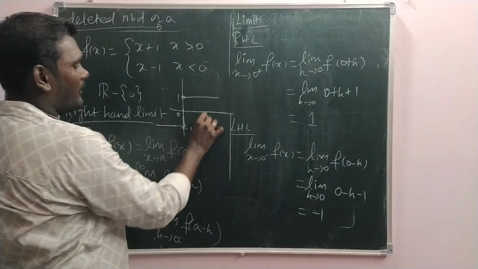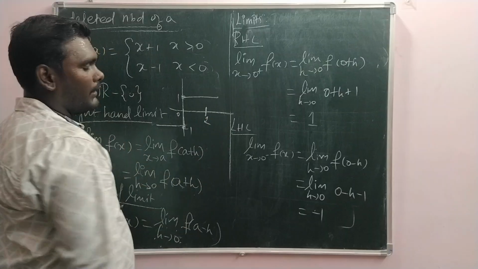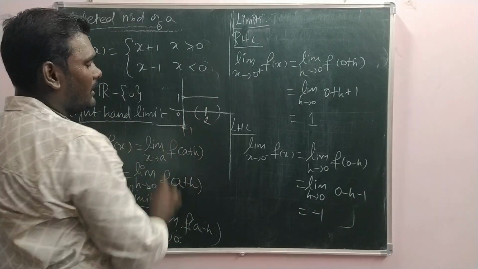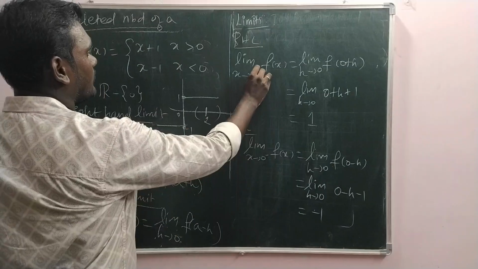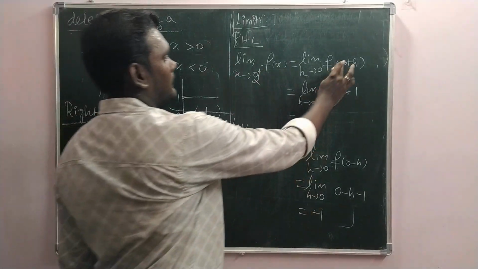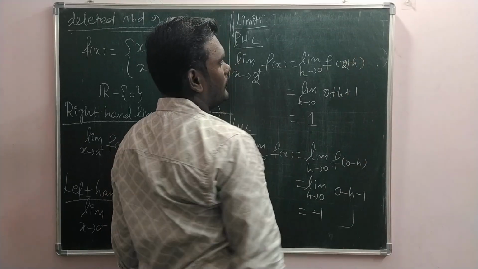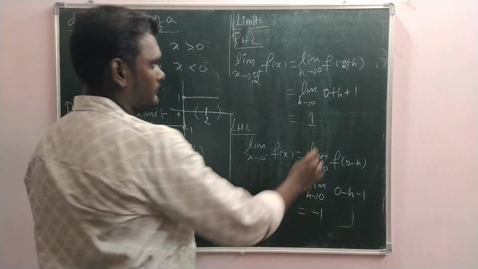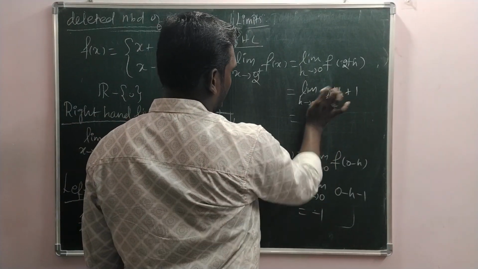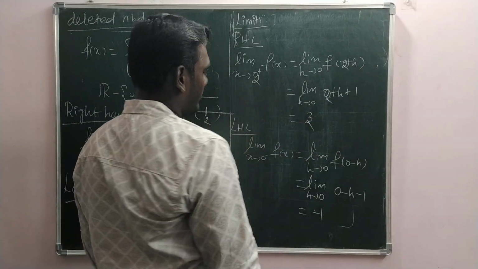Let us take for the same function, the value 2. We will approach from left side, we will approach from right side. What we will get? When x approaches 2 plus, f of 2 plus h. So wherever x is there, we will put 2 plus h. Then we will get 3.